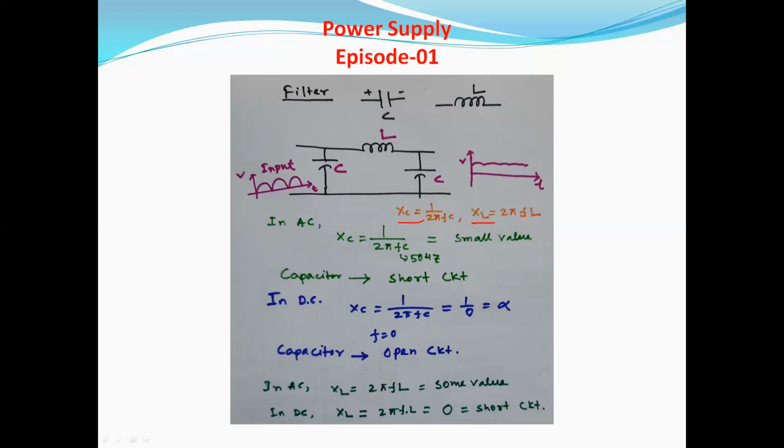This is the formula of capacitive reactance and this is the formula of inductive reactance, where f is the supply frequency, C is the capacitance in Farad, and L is the inductance in Henry.